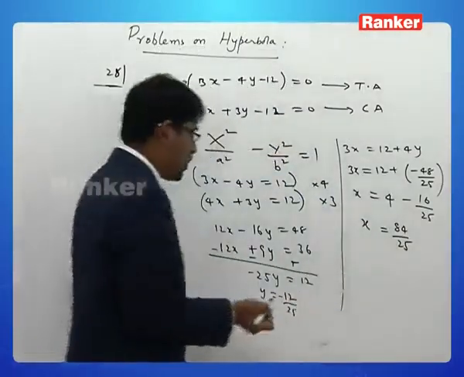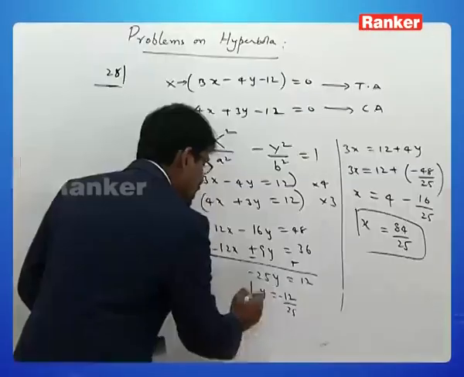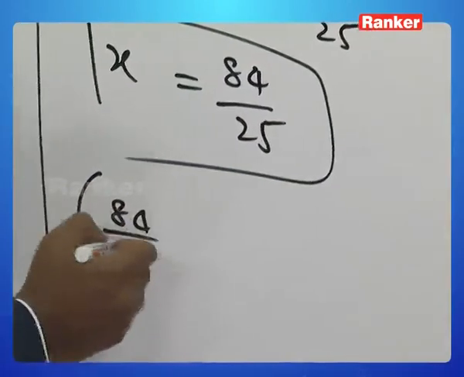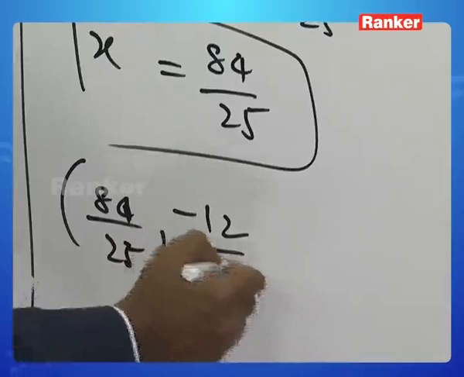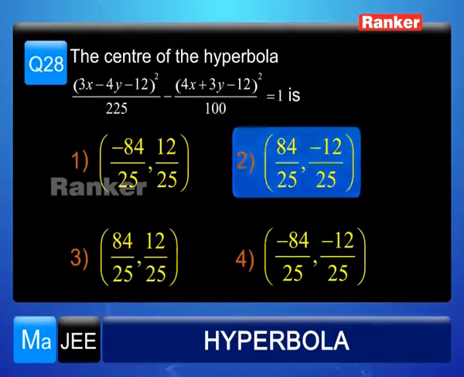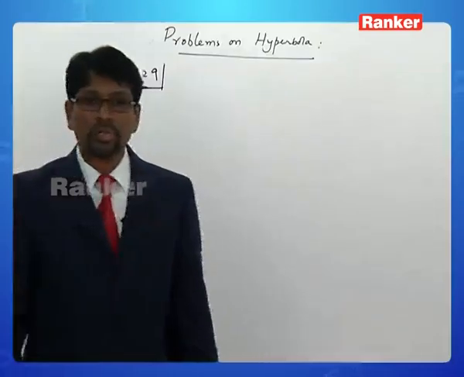So x is 84 by 25 and y coordinate is minus 12 by 25. So what we have here is the center has to be 84 by 25 comma minus 12 by 25, and that is appearing in option 2. Option 2 is the right answer there. So let's move on to the next question.